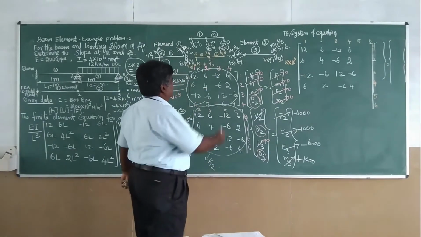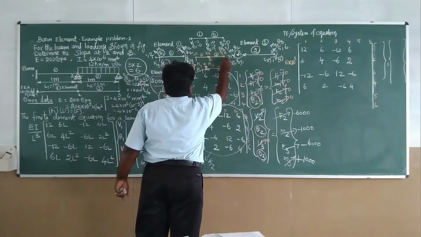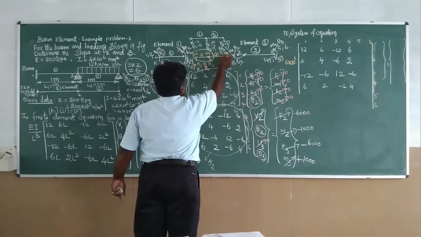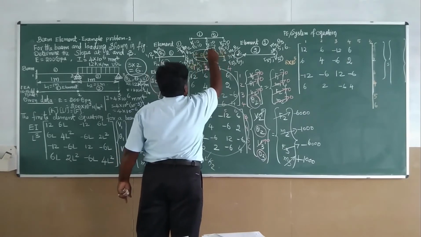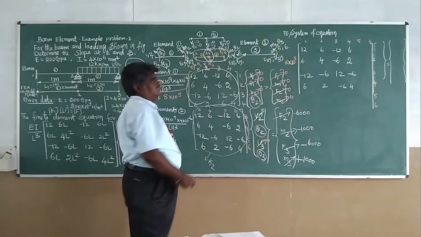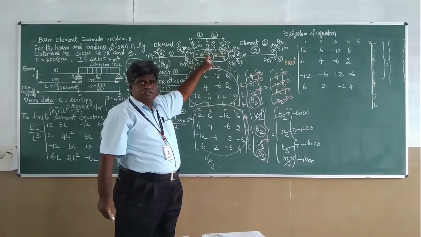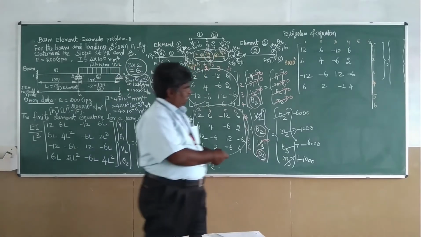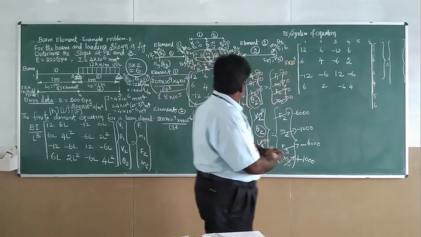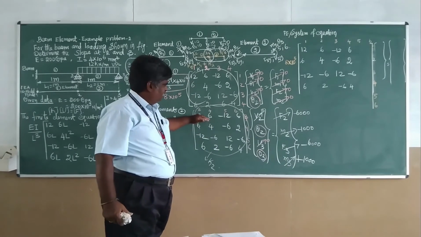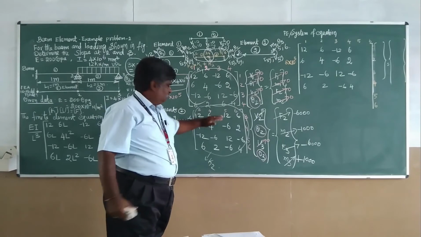Element 2 is connected with node 2 and 3. The intersection, actually node 2, will be connected with 3 and 4. So carefully rewrite the stiffness matrix values corresponding to row and column.